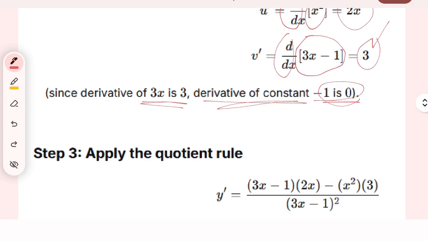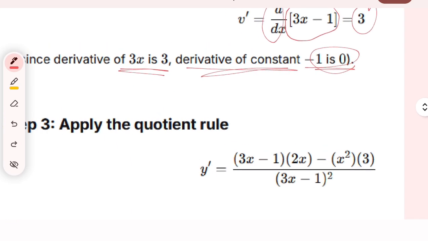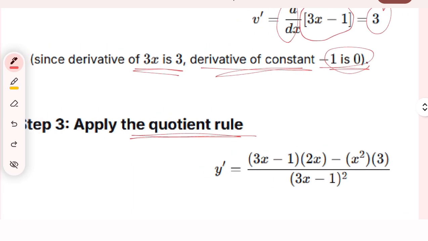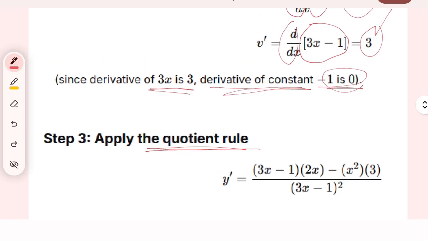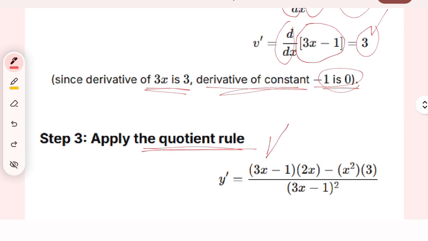So we substitute into the quotient rule. We have the denominator multiplied by the derivative of the numerator, minus the numerator times the derivative of the denominator, divided by the denominator squared, which is 3x minus 1, squared, because that is what the quotient rule is about.